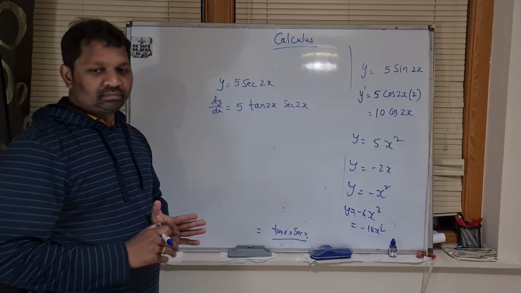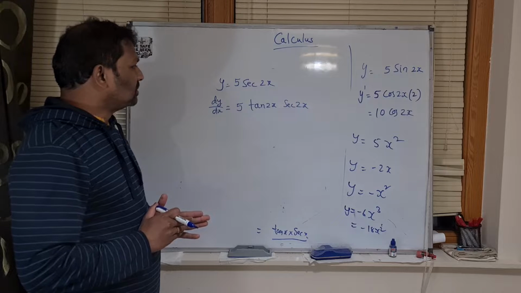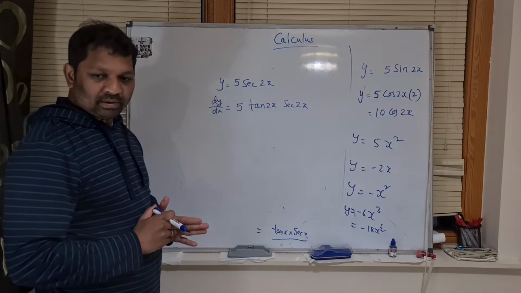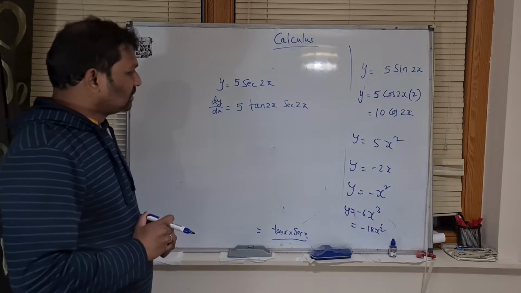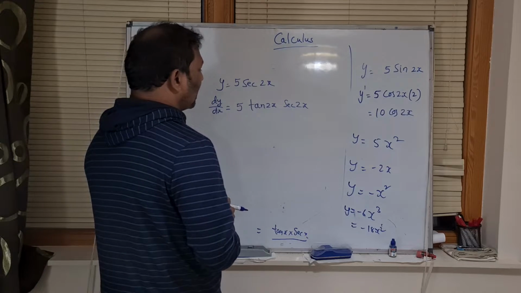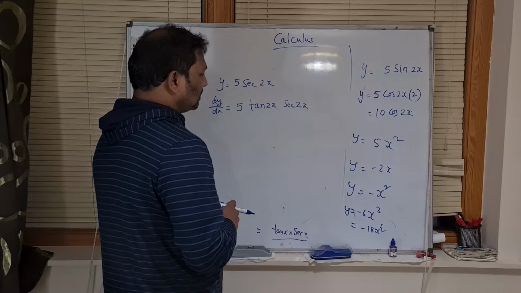Can you multiply 5 times 2? 5 times 2 is 10, so 10 tan 10x?